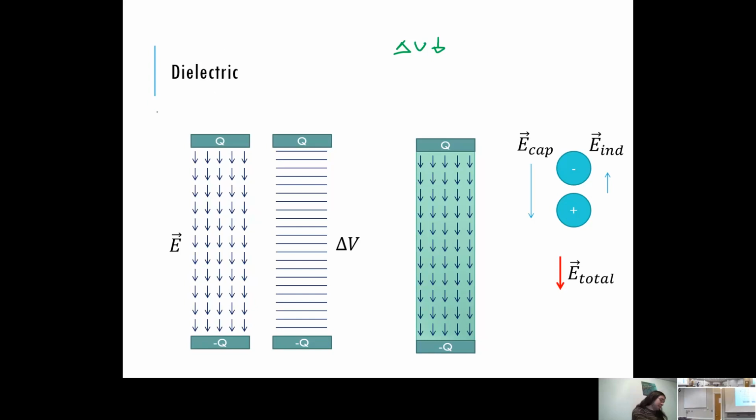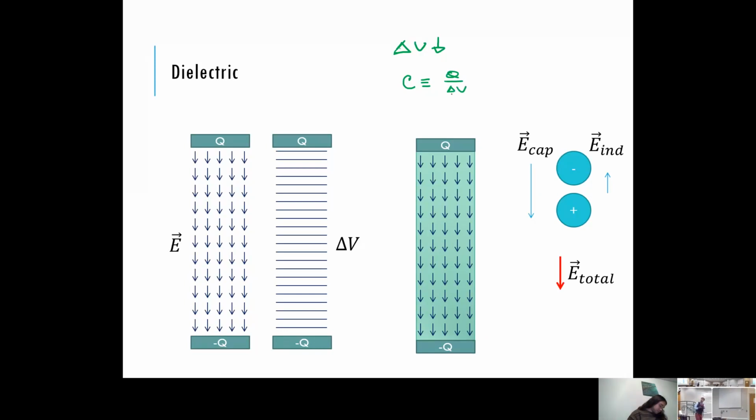What happens to the overall capacitance? If the difference in potential from the top plate to the bottom plate goes down, what happens to the overall capacitance? It increases. Yeah. The capacitance is defined as the charge over the difference in potential.